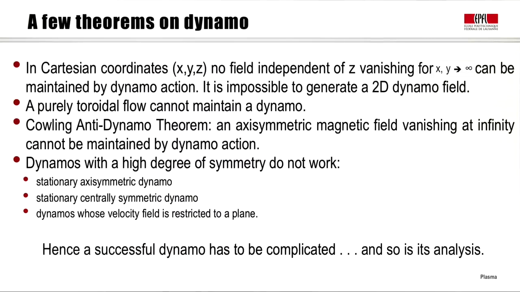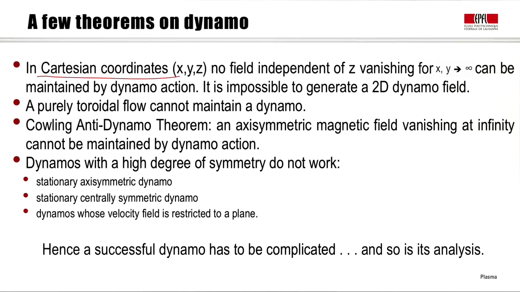These observations that we have just made were put on solid ground by a few theorems on the dynamo action. The results of some of these theorems are recalled here without going into the demonstrations. For example, in Cartesian coordinates x, y, z, no field independent of the coordinate z that vanishes at infinity can be maintained by a dynamo action.